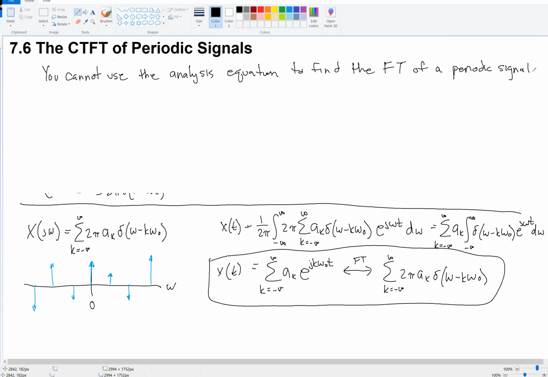We said that equation, or that integral, does not converge. So what do you do? Well, how can you do it?